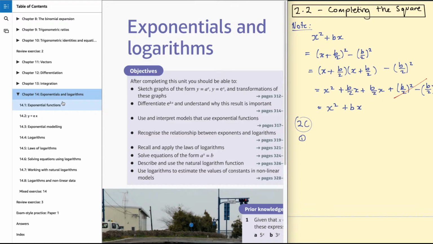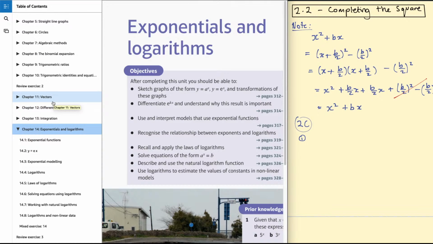So yeah, you've said you haven't done logarithms, so I would suggest trying to teach yourself that possibly, or trying to get some help on that, or maybe go to a topic that you're confident with, and then extending that into the year 13 curriculum.